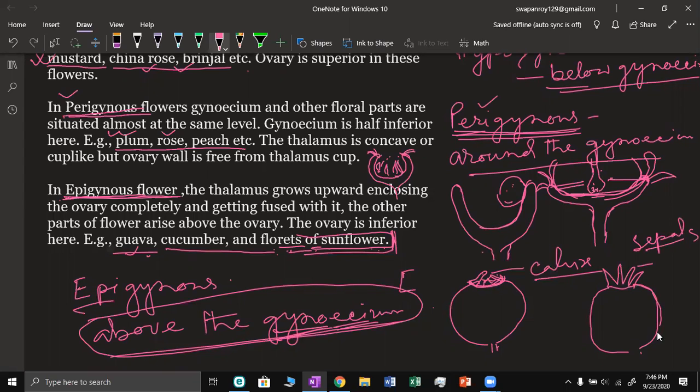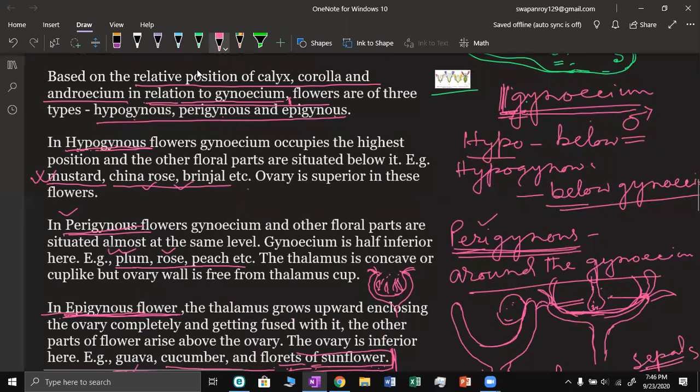The fruit is here, fruit is ovary, and the calyx is above the fruit, means above the ovary, above the gynoecium. So these are the epigynous flower.